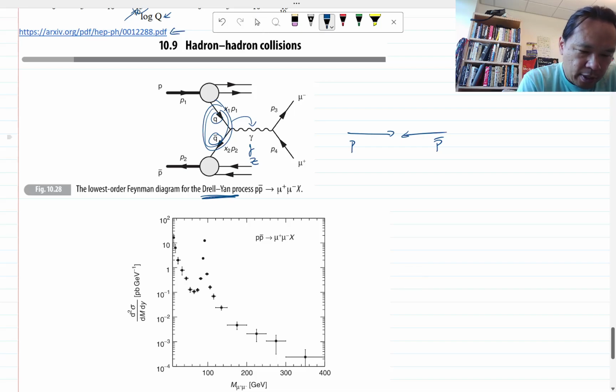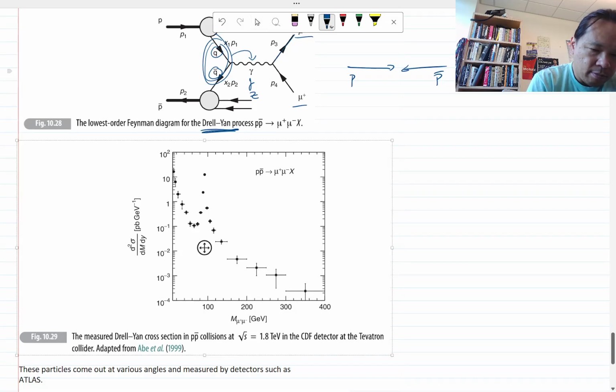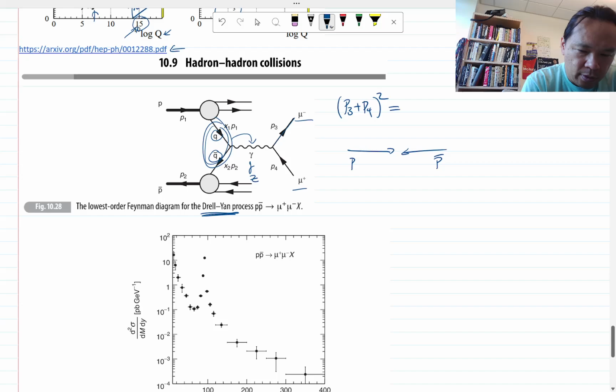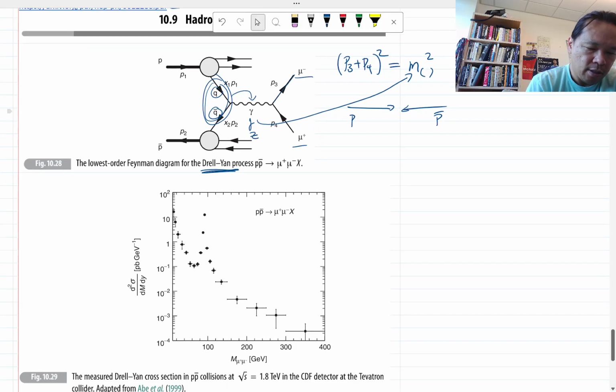This new particle decays into maybe two leptons, such as a mu plus and a mu minus. If you plot, you have P3, P4. If you add P3 plus P4 together and square it, what you get is the invariant mass of the system. That invariant mass tells you the mass squared of whatever was made during this Drell-Yan process.